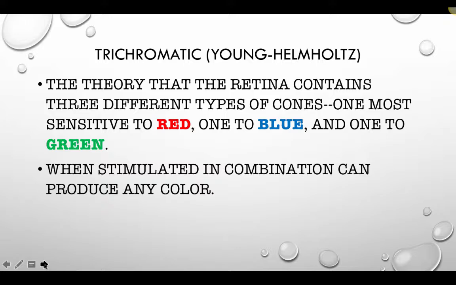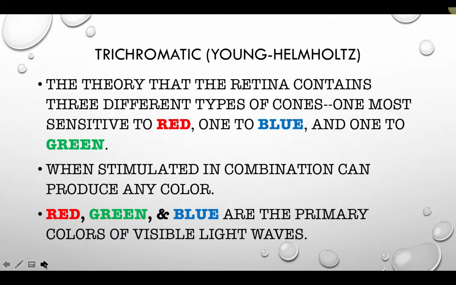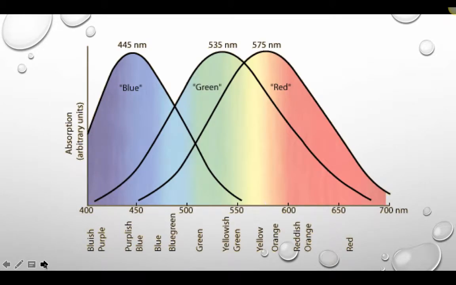What that means is that if these three color sensitive cones are stimulated in varying ratios, that will create any color combination that the human eye can detect. And some researchers suggest we can perceive over 1 million different hues or colors in the visual spectrum. So red, green, and blue are the primary colors of visible light according to our trichromatic theory.